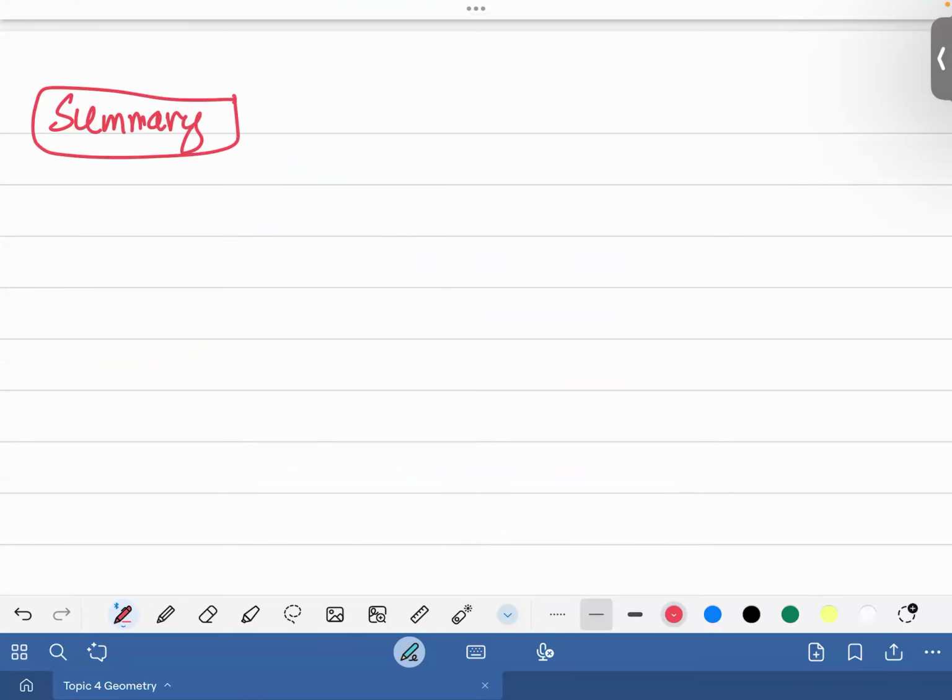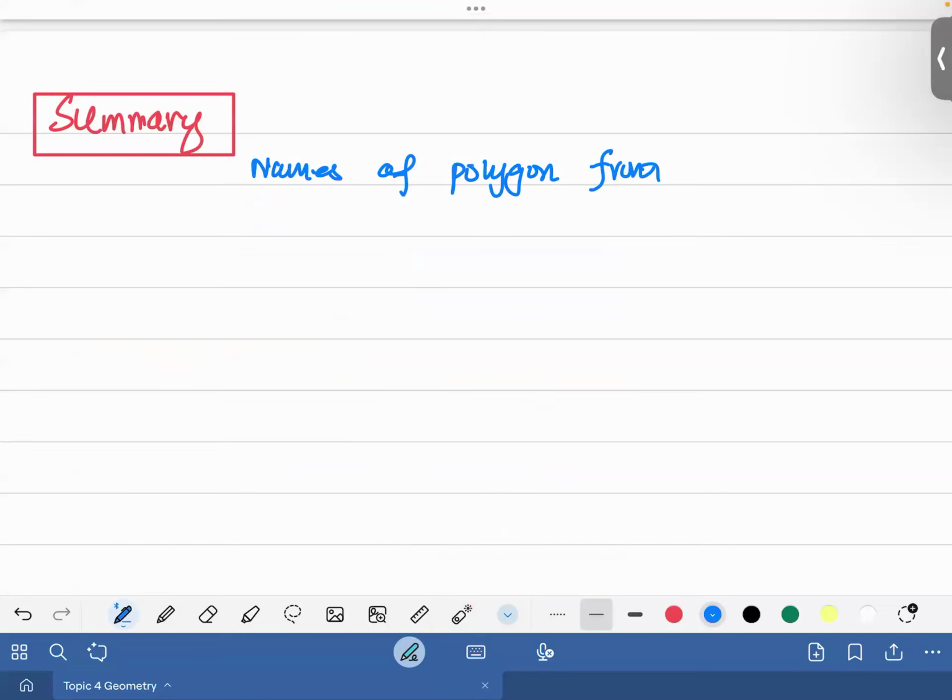In Cambridge examinations, the examiner can ask you the names of polygons from n equals 3 to n equals 10.